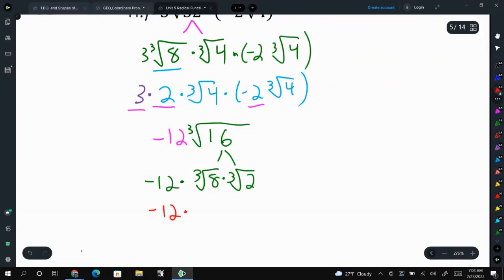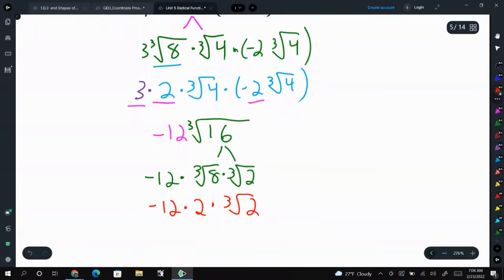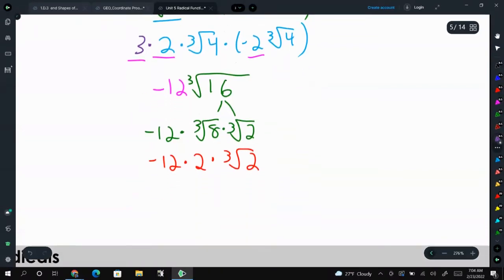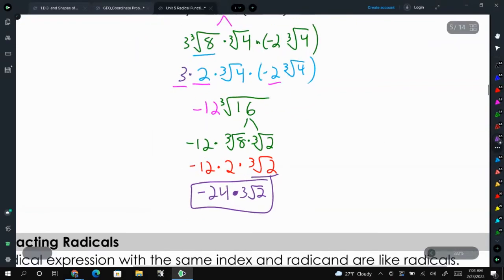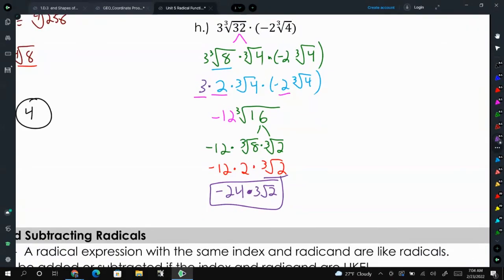So negative 12 times the third root of 8 is 2. Negative 12 times 2 is negative 24. And then the third root of 2 will just come down and be there. So yeah, this one required a little bit of work, and this is not the only way that this could have been done. It was just so this way was the easiest for me without using a calculator.